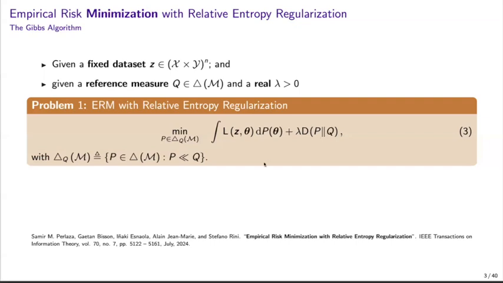This is the formalization of the first problem. The optimization domain, of course, are all the probability measures on the models that are absolutely continuous with the reference measure. That's important.